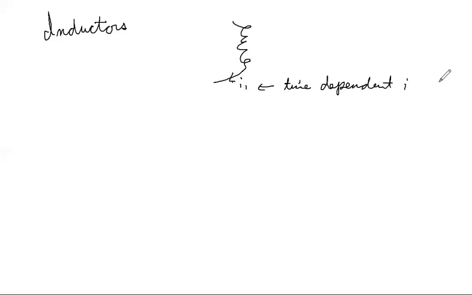A time-dependent current creates a time-dependent magnetic field, which will induce a flux through itself. It's a self-flux of magnetic field, which means there is an EMF generated along this coil. So an inductor is a device which uses these time-dependent magnetic fields to generate EMFs.